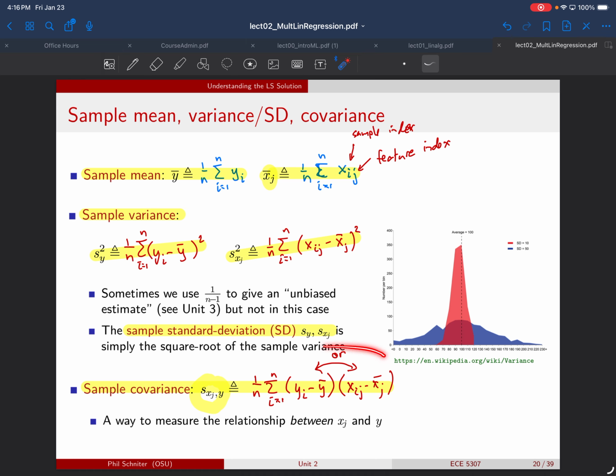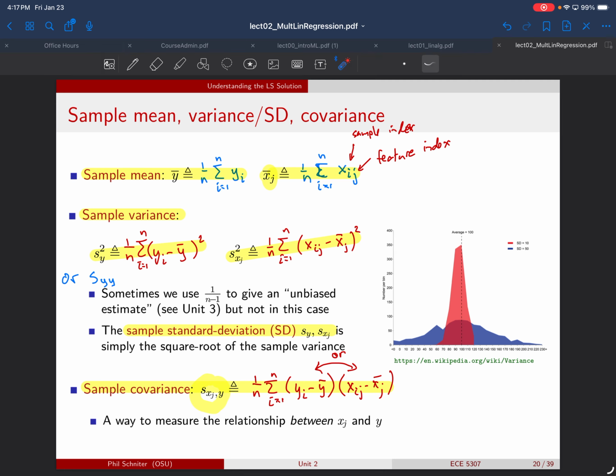Based on this idea, can you see another way that we could denote this quantity besides sy squared? Can we just put y here and change this notation? You see that? Okay, this is what I mean: you could also write this as S sub yy.